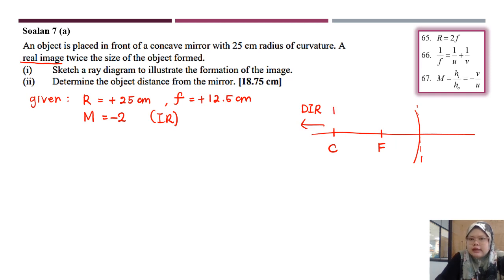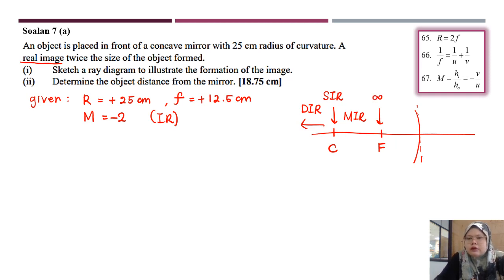If the object is located at C, okay, so image form is same size, inverted and real. If the object is located between C and F, more than F and less than C, so the characteristic of the image form will be magnified, inverted and real. Okay, if the object is located at F, the characteristic of the image form is at infinity.